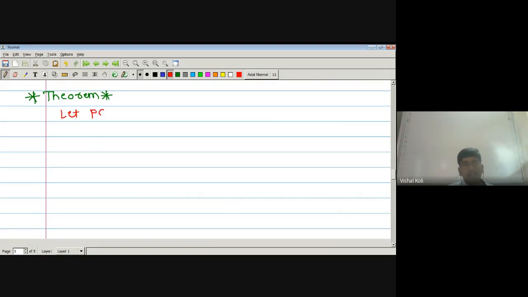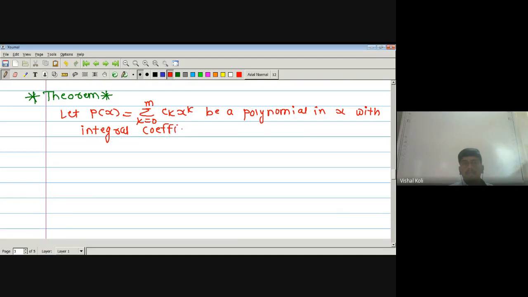Let P of x is equal to summation k running from 0 to m ck x to the power k be a polynomial in x with integral coefficients ck.